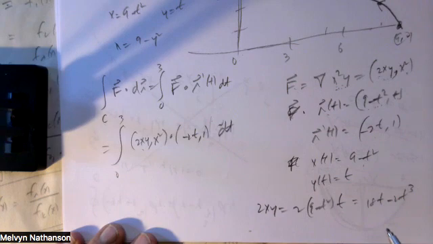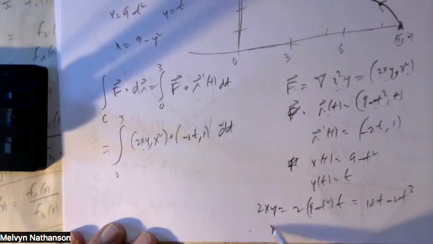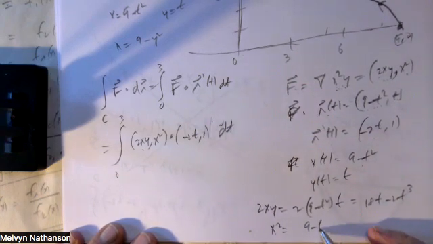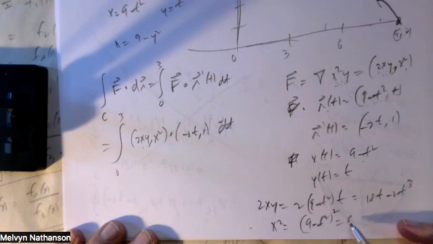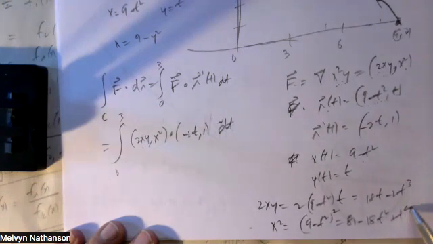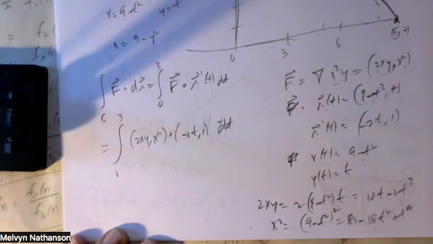And x squared is (9 minus t squared) squared, which is 81 minus 18t squared plus t to the fourth.